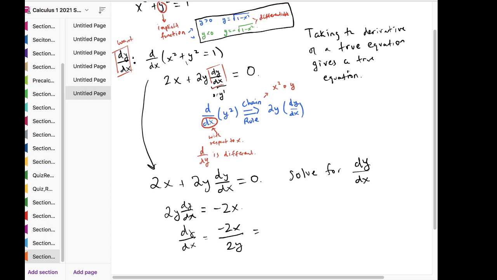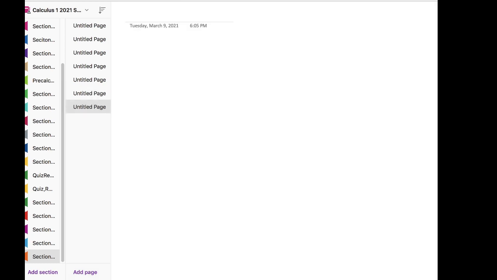So it's negative x over y. Okay, so let's do a new page. We have x squared plus y squared is equal to 1, and we just found that dy dx is equal to negative x over y.